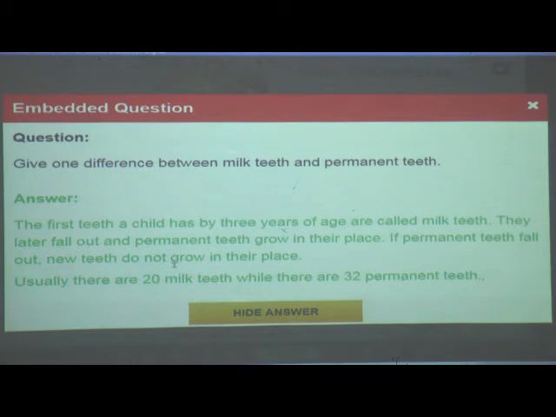It is one difference. Milk teeth fall out and permanent teeth grow in their place, but if permanent teeth fall out, new teeth do not grow in their place. And one more difference is that usually there are 20 milk teeth while there are 32 permanent teeth.